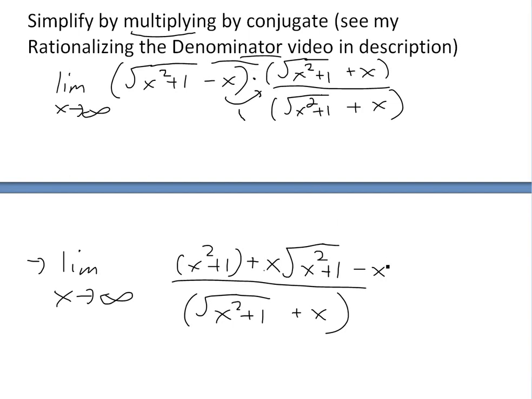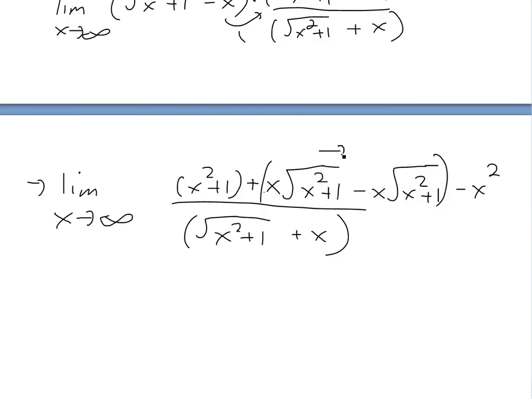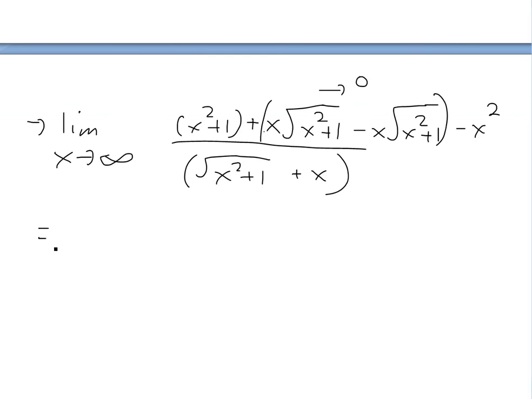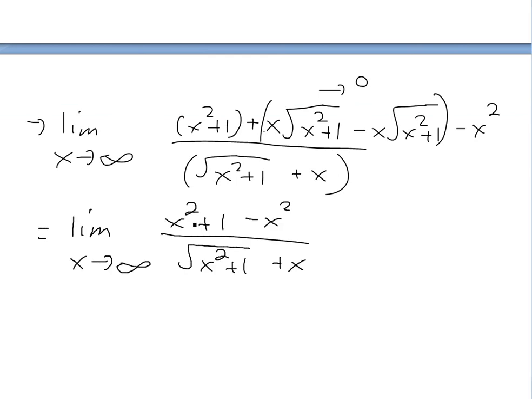So we get minus x times square root of x squared plus 1, and the reason we're multiplying by conjugates is exactly because these two will cancel out. The last one is negative x times plus x, negative x squared. Now these cancel out, and we're left with x squared plus 1 minus x squared. Now this cancels out, so we're simplifying it even further to the limit as x approaches infinity of 1 over square root of x squared plus 1 plus x right here.